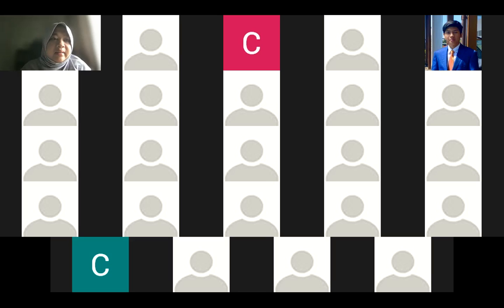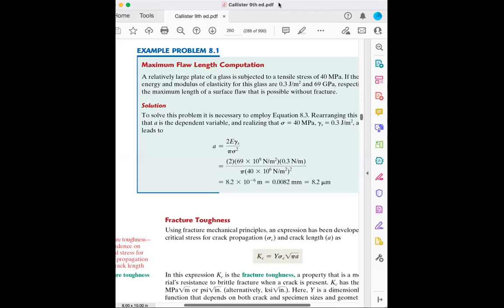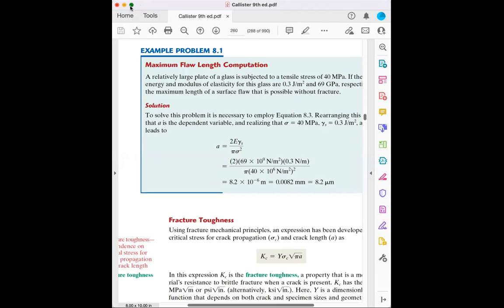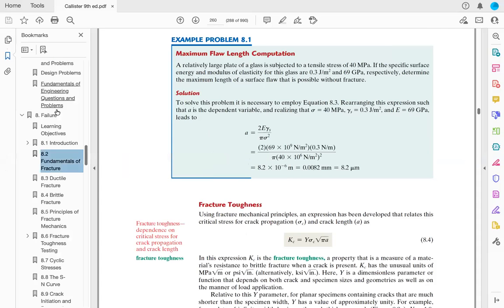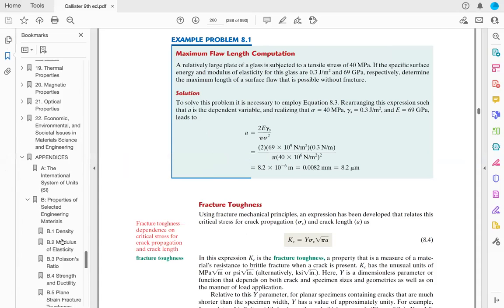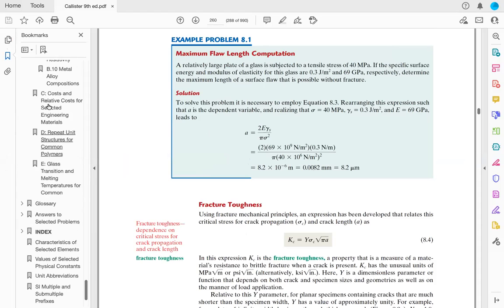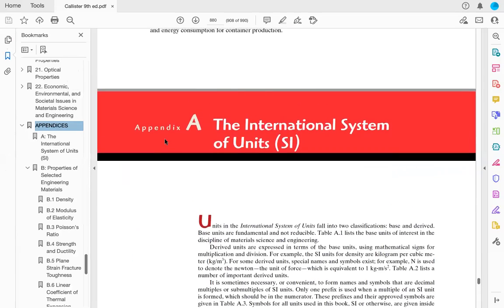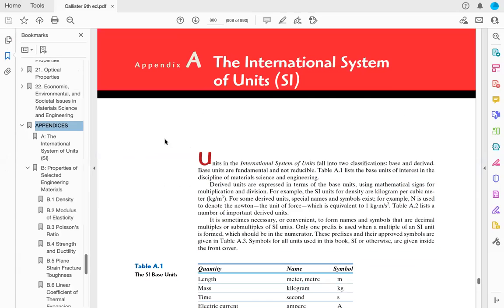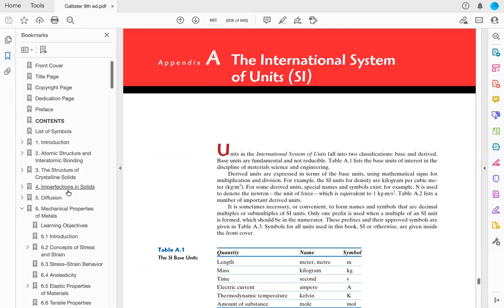You can open your Callister book. In the Callister book there is an appendix, and you may want to see Appendix B about properties. Where is it?